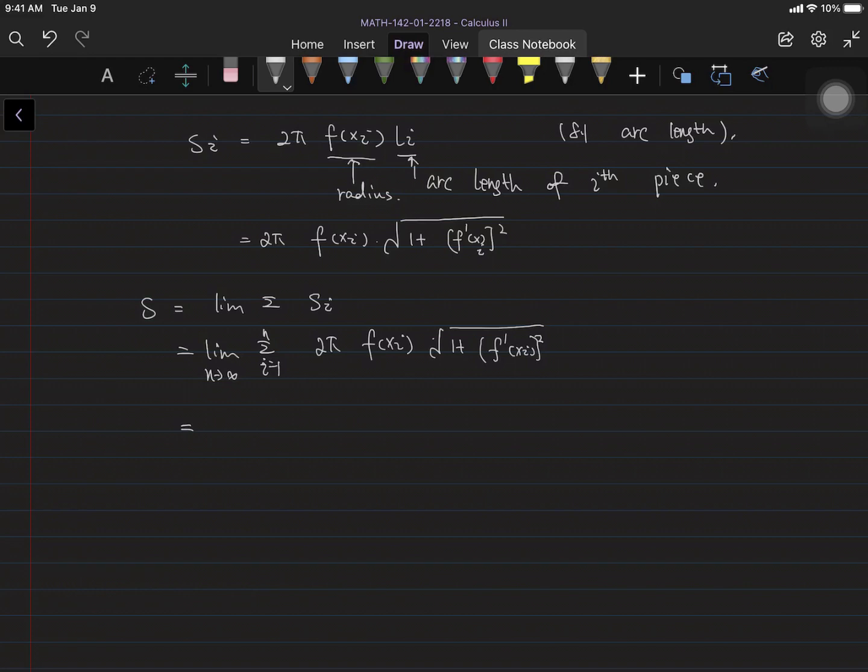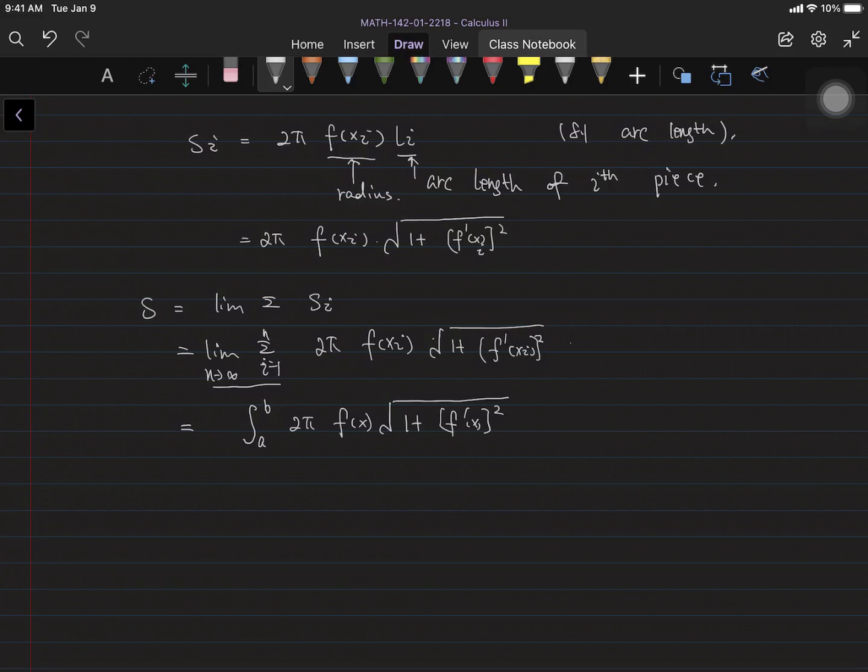We did this a lot of times. We know this is a Riemann sum. We can change this into a definite integral, right? So here, if x is from a to b, we set those two into the integral sign and the 2 pi f(x). And here we just change all the x_i into x. So f derivative squared.